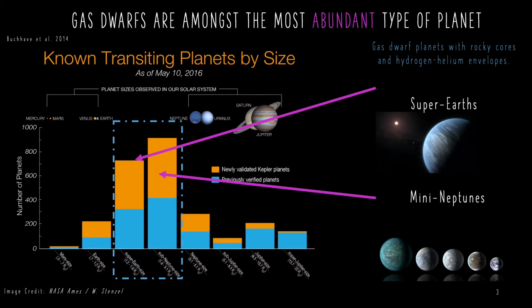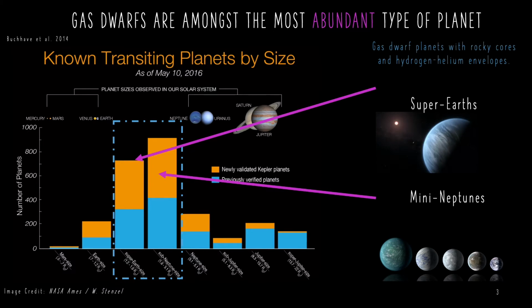In 2014, Buchave et al. worked on a paper where they broke exoplanets up into three categories based on solar metallicity: those below 1.7 Earth radii and above 3.4 Earth radii, but the ones in between were dubbed gas dwarfs, which they said were planets with rocky cores and hydrogen helium envelopes, and those include both super Earths and mini Neptunes.